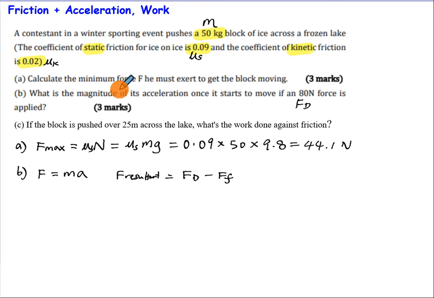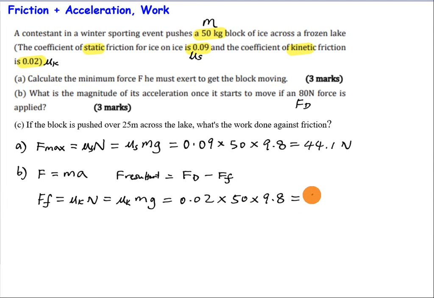In part B, the block is actually moving, so we have to calculate a kinetic friction separately. So F of friction in the kinetic scenario is going to be mu k times mg. Plugging in the numbers, 0.02 mu k times 50 kilograms times 9.8, and the answer is 9.8 newtons.